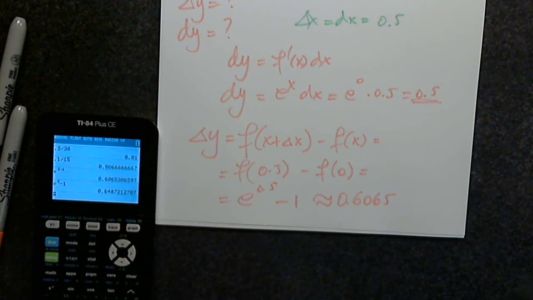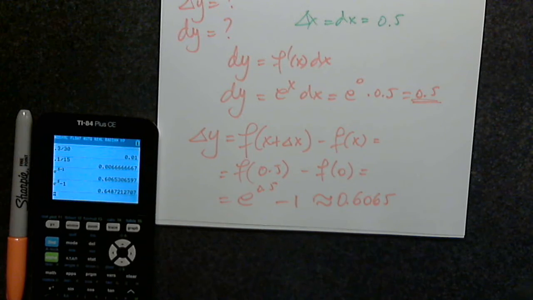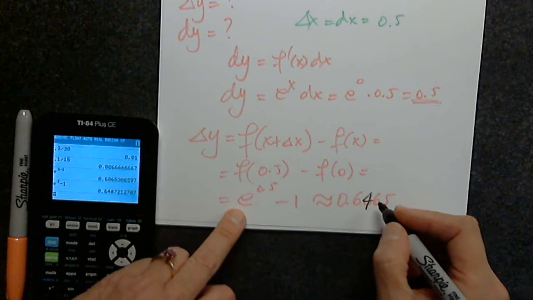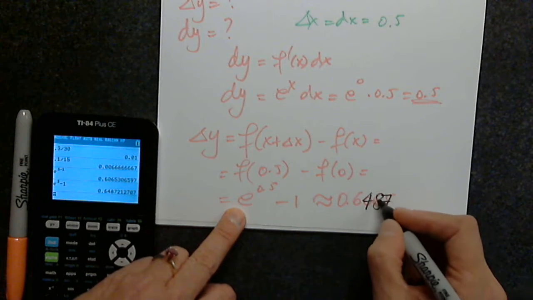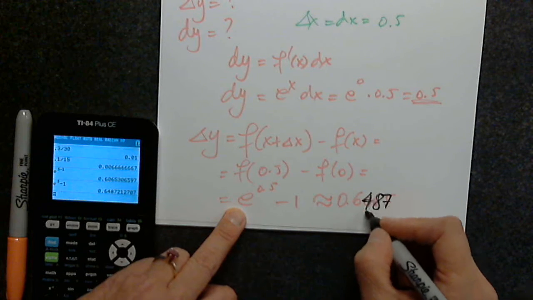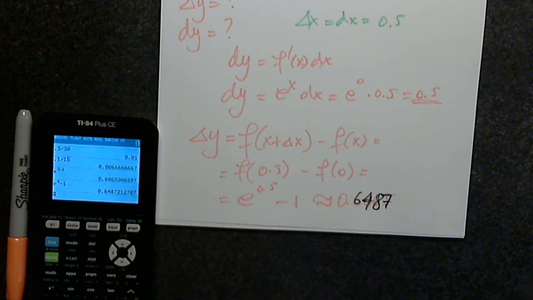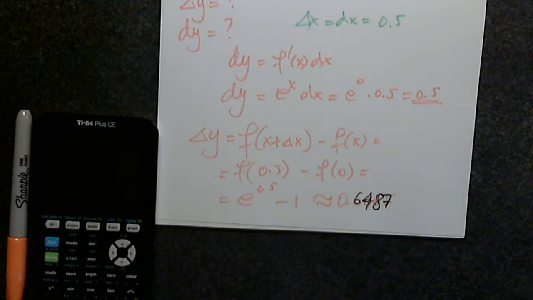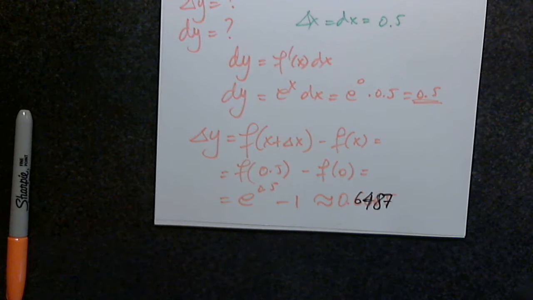Indeed, 0.6487. Okay, that's even worse, right? Only because half a point is not a minor error. Very good. Is this okay? We feel better about it?